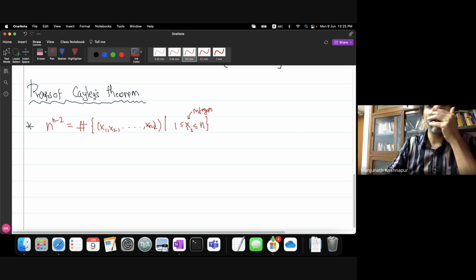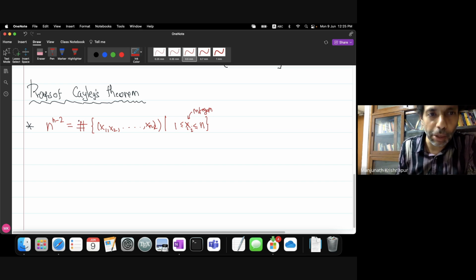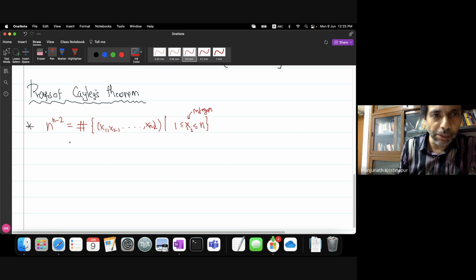So you look at all n minus 2 tuples of numbers coming from 1 to n. That number is exactly n to the n minus 2, right? So this is the simplest set which is counted by n to the n minus 2. Another way to write this set, if you prefer, is the set of all functions.